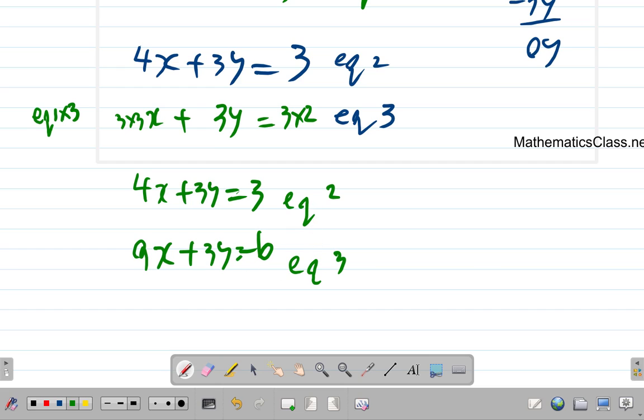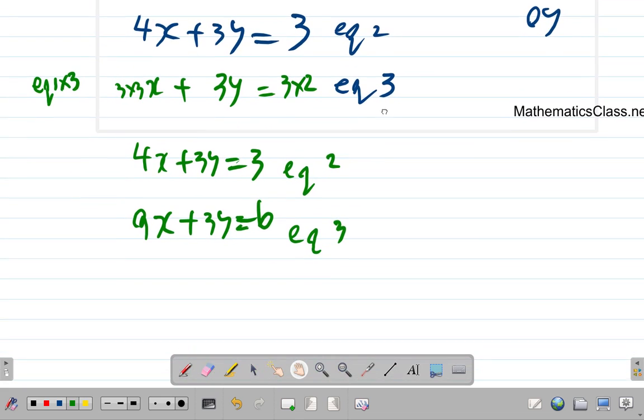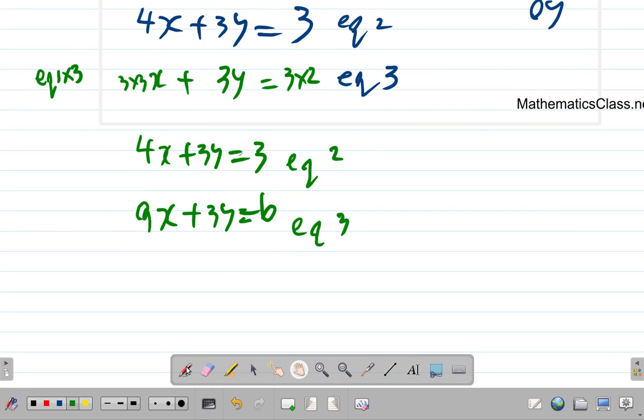We're going to subtract the corresponding terms now. The x's minus x's, y's minus y's, numbers minus numbers. Since equation 3 has the bigger numbers and will give us positive answers, let us say equation 3 minus equation 2.